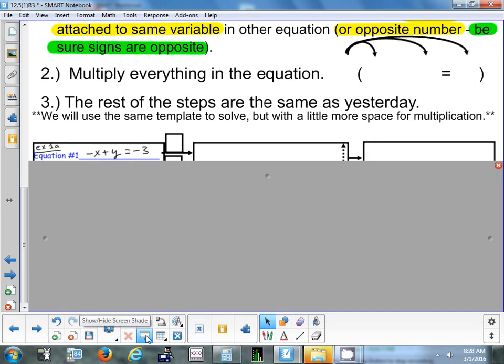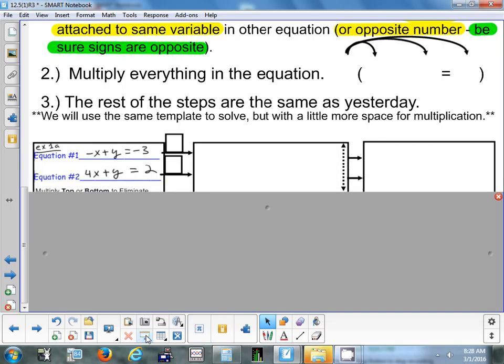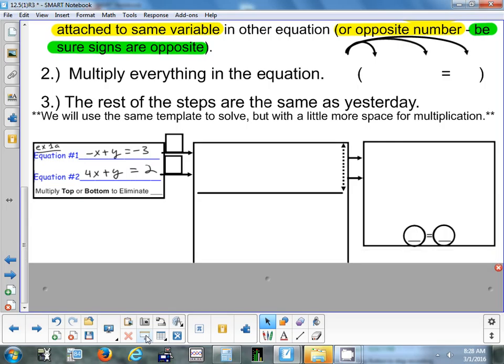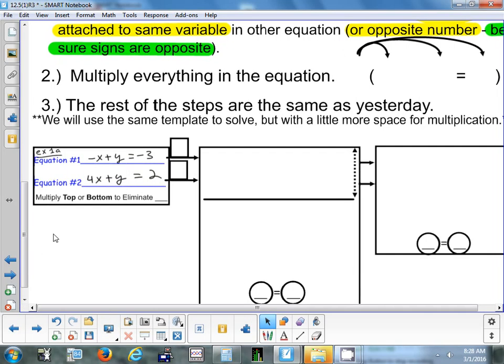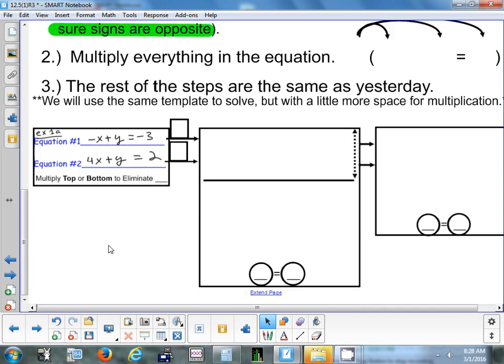All right? So let's look at that first equation. Let's look at example 1A, that first system. So, that first situation that we talked about in your notes, what was that first situation?